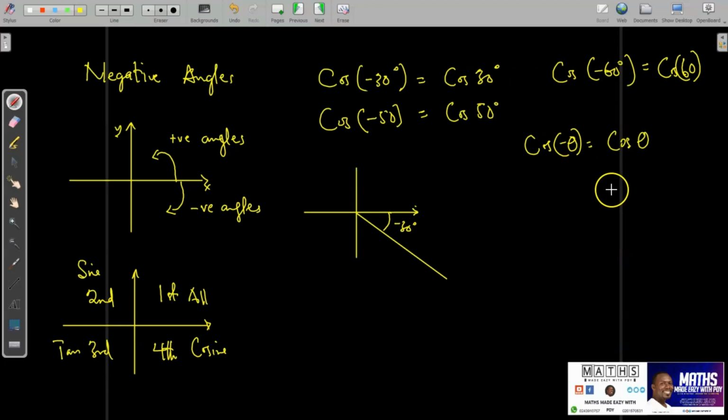So take your calculator and program cos, open bracket, negative 30 degrees, close the bracket. When you press equal to, it will give you root 3 on 2, which is a positive value.